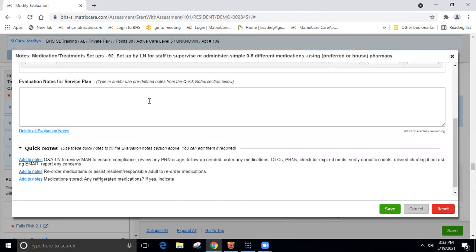This weekly setup is really a quality assurance check, a med check by the nurse.